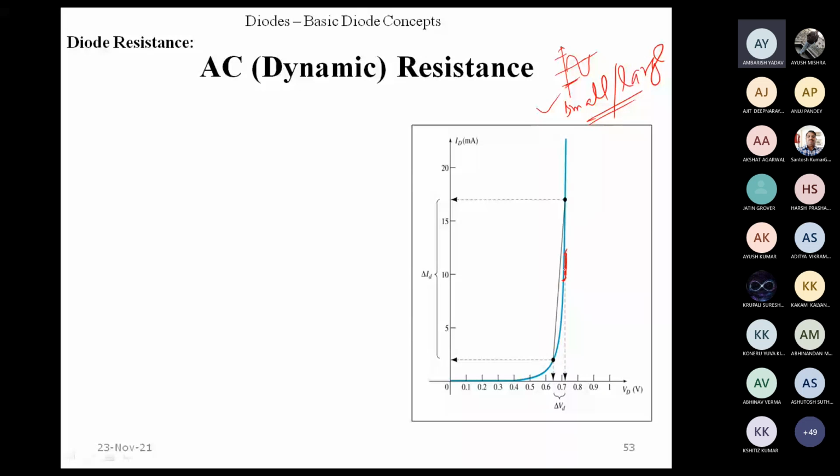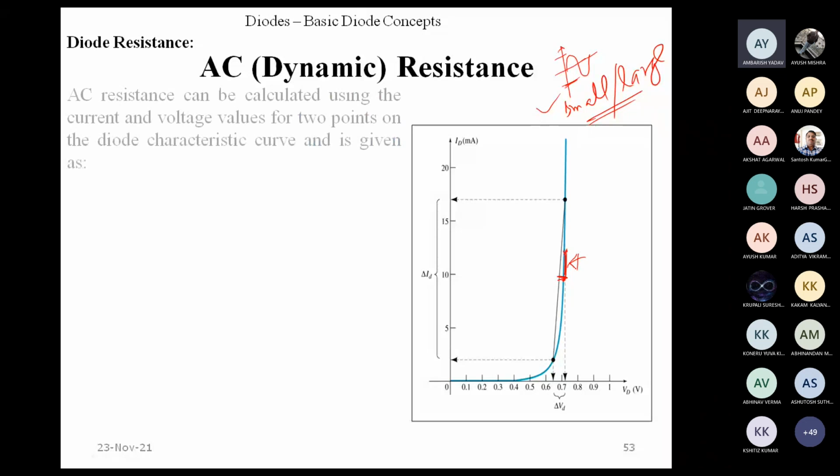We can assume it is linear in this small region of operation, and for this region we can define a single value of this resistance. That value of the resistance we mostly call dynamic resistance.